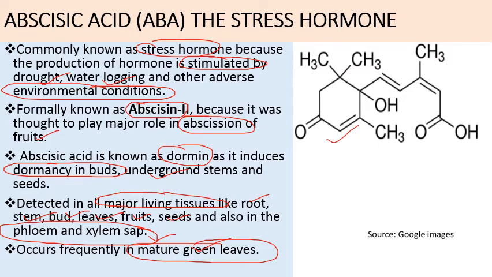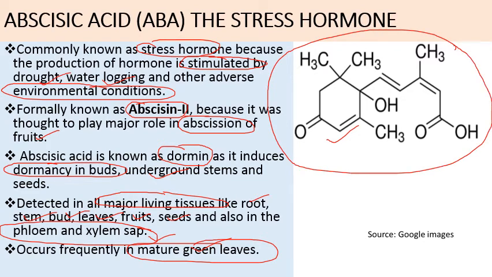Chemically, this is the structure of abscisic acid, and it is basically a sesquiterpene, which means it contains 15 carbons, and it is a derivative of terpene. If we talk about its discovery, it was first isolated by Addicott in 1963 from cotton balls.